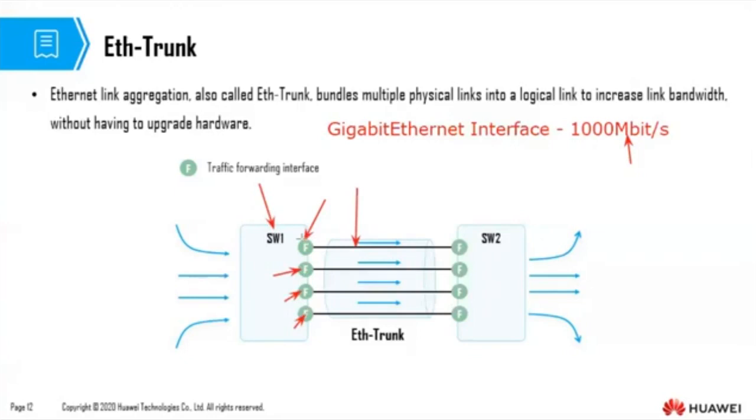And that pipe's total bandwidth will be the bandwidth of all the interfaces that we've bundled together and are in forwarding state. So if each one of them is 1 gigabit, then we're going to have 4 gigabits.